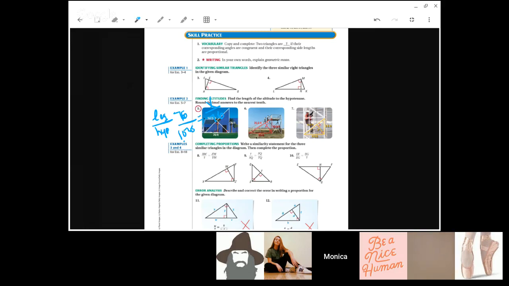The altitude is either the short side of your medium triangle or the long side of your small triangle. So when you set up your proportion, you need to be using a short side or a long side of another triangle. Does that make sense? Okay. So that's how you'll do 6 and 7 as well.